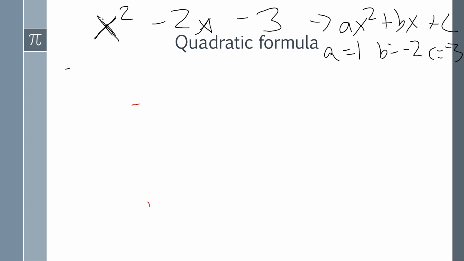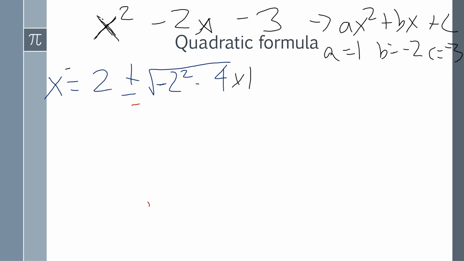Alright, are y'all ready? So x equals the opposite of the b plus or minus the square root b squared minus 4ac all over 2a.